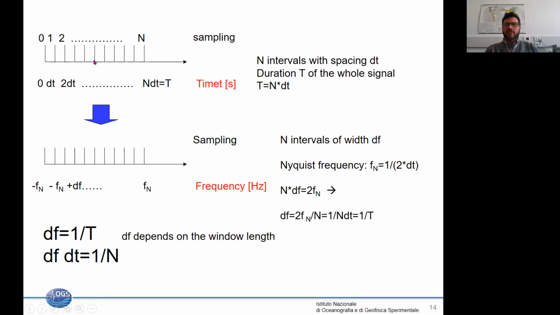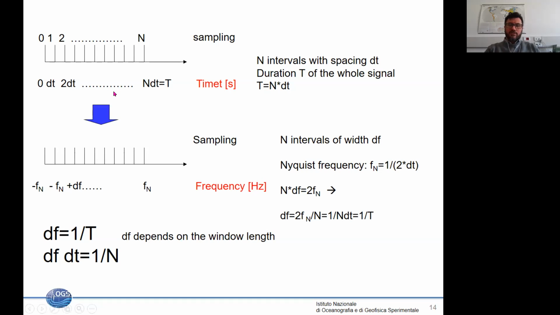In our case, since we are working with a signal recorded over time, we sample with a step in time which is fixed. And this is what we call our sampling rate, that we will call here dt. So the total duration of the signal is T, big, which is equal to the number of samples multiplied by the sampling rate.